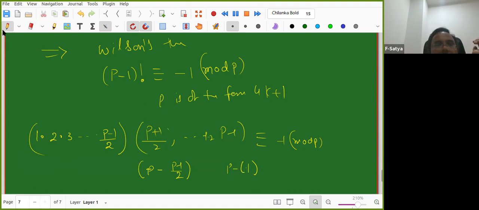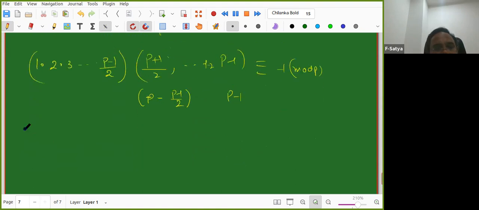But when you do modulo p, this p becomes 0. So we get 1 into 2 up to (p minus 1) by 2, into minus 1, minus 2, up to minus (p minus 1) by 2. But how many minus signs are there?